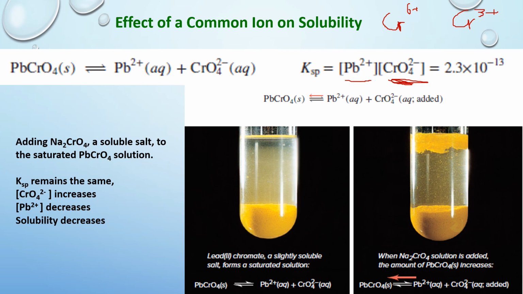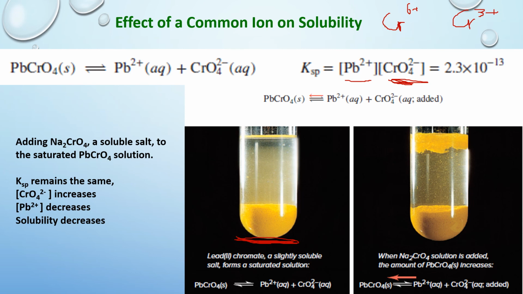For this solid, we know it is barely soluble. When you put it in water, you can see most of the solid remains as this yellow powder or yellow precipitate. The solubility constant for this compound is 2.3 times 10 to the negative 13, a very small number.